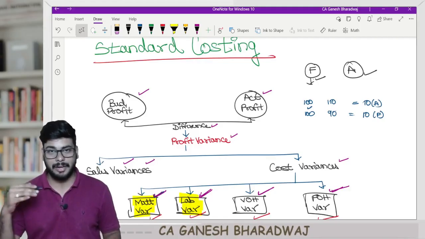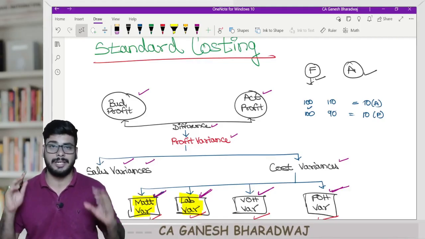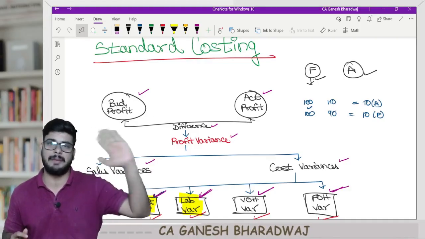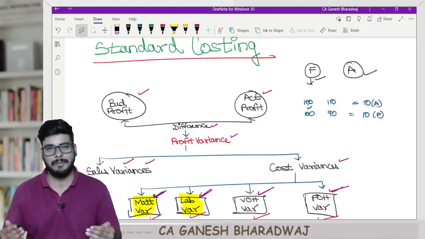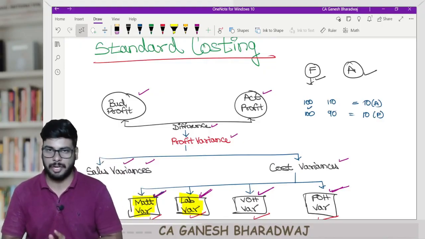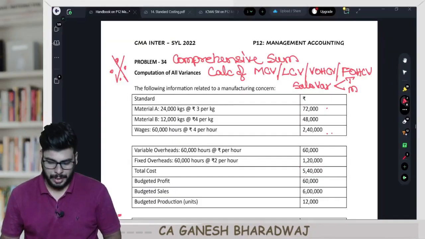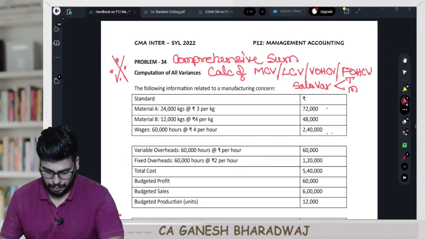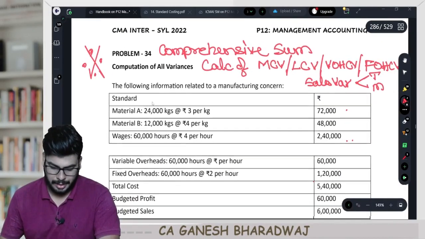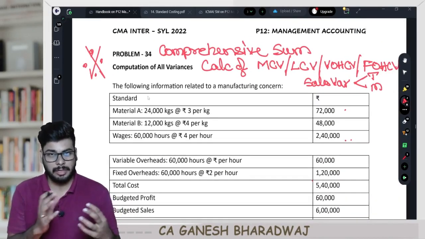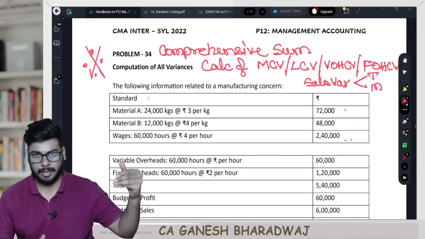If you remember, in our regular batch, I also asked you to mark it as important, a must-visit sum the day before the exam. I gave you guys a library of adjustment. That sum only we are going to do right now. Fine. So now let's get started. Now let's move on to the comprehensive numerical problem, right? So this is question number 34 that we did in our regular batch.